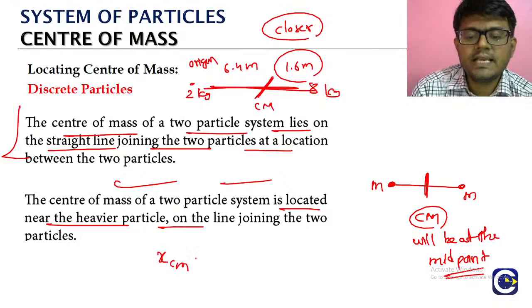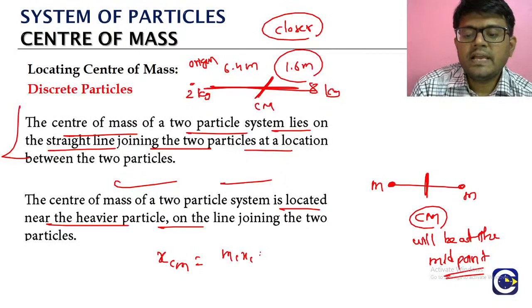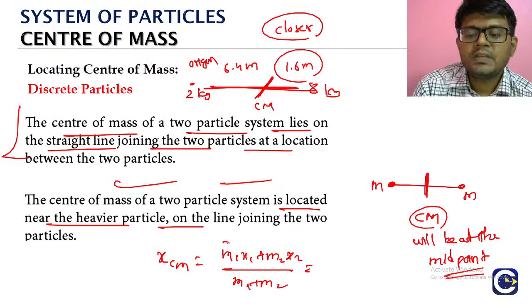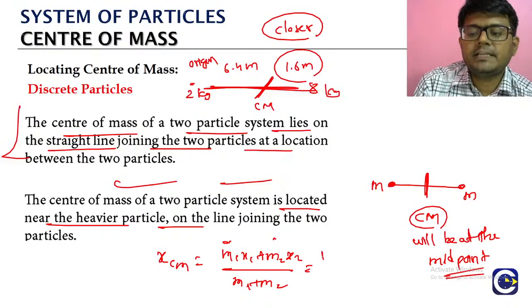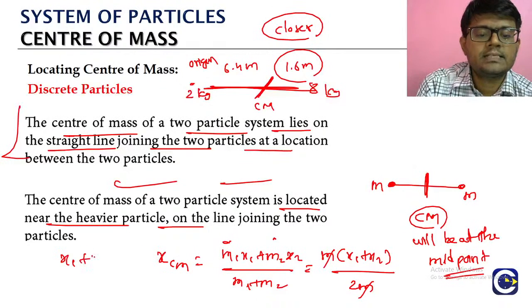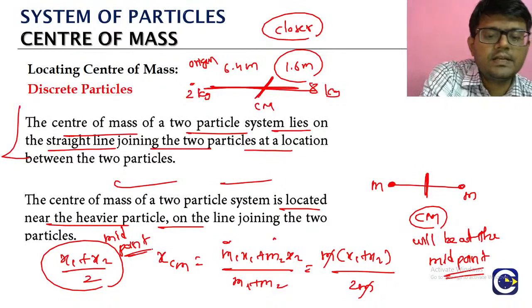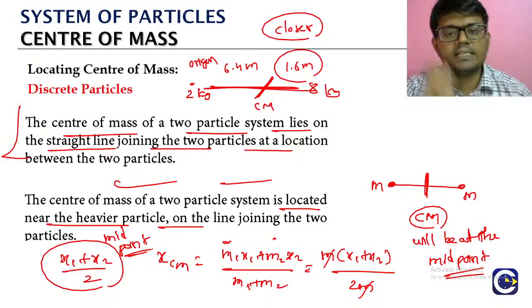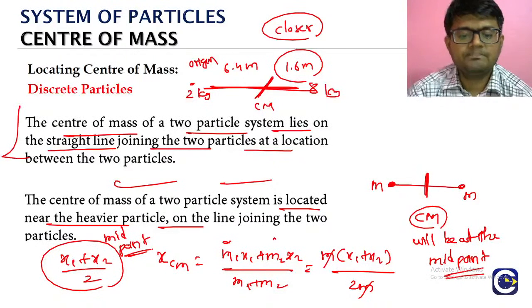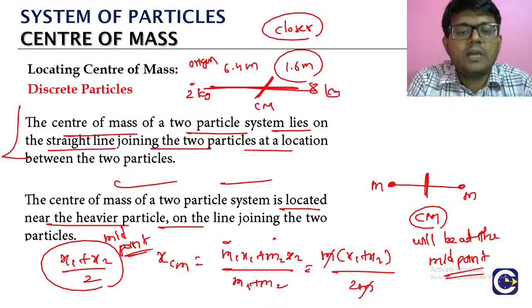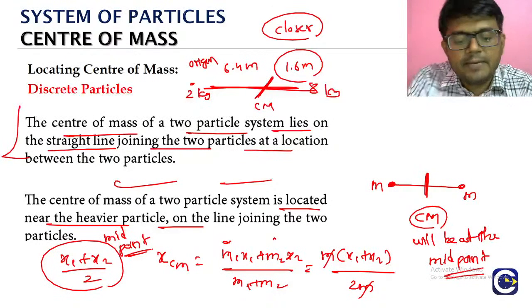Because look at this, the formula will be what? m1x1 plus m2x2 by m1 plus m2, right? m1 is equal to m2 means what? m into x1 plus x2 by 2m. So what is the center of mass coordinate coming as? x1 plus x2 by 2. What is this? This is the midpoint formula, right? If you have two locations with coordinates x1 and x2, what is the midpoint formula? x1 plus x2 by 2, right? So if both the masses are equal, then the center of mass will be at the midpoint.